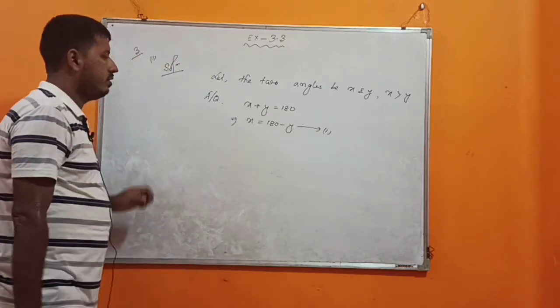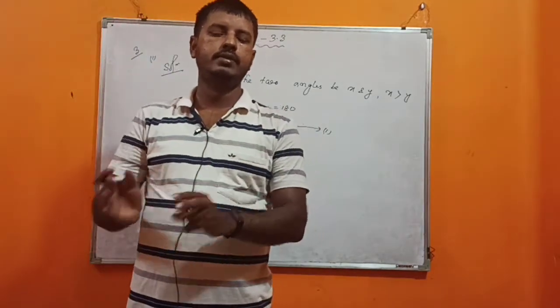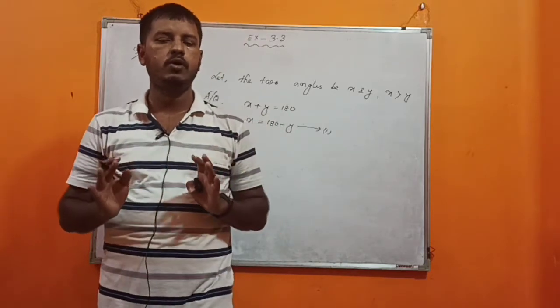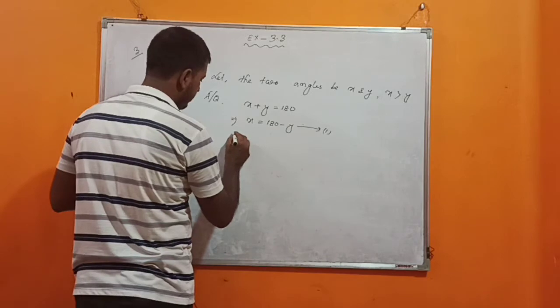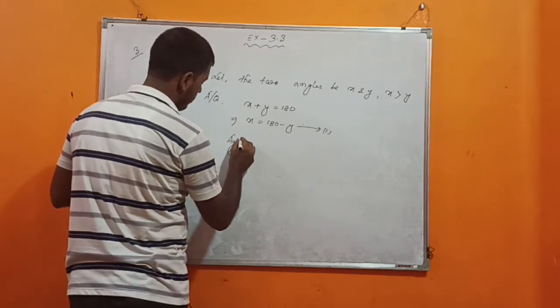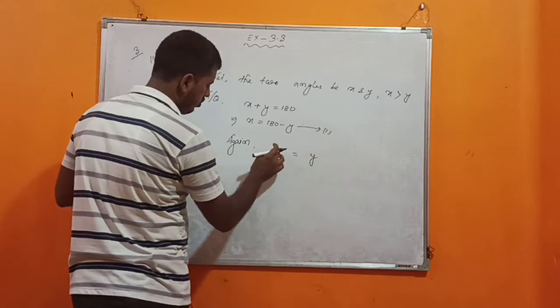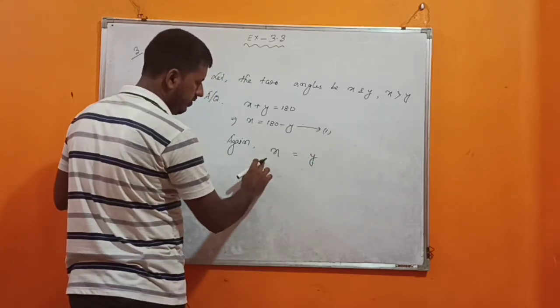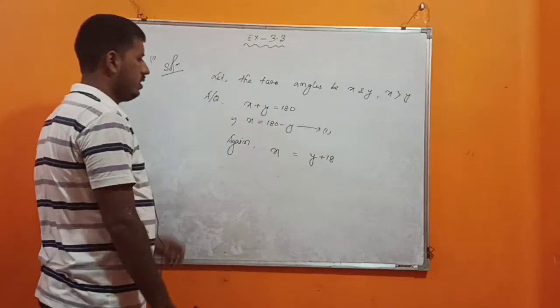Okay, and the larger exceeds the smaller by 18 degrees. So it can be written as x is exceeding y by 18. So here 18 more is given, so you have to add 18 here to balance the equation.